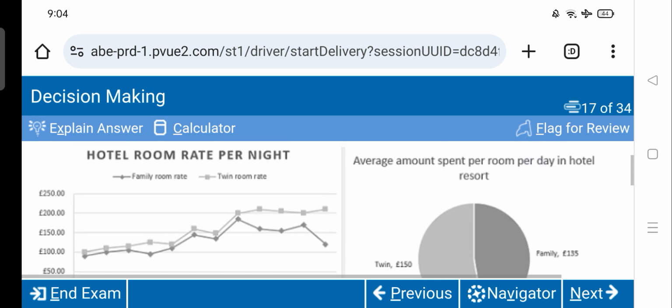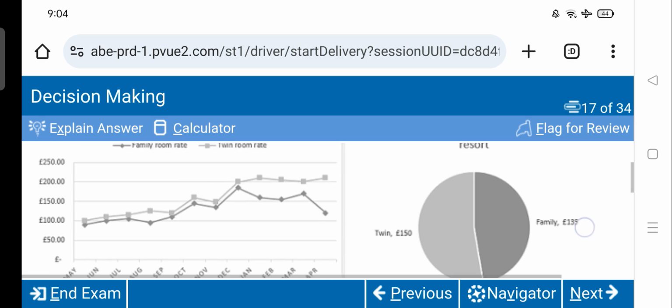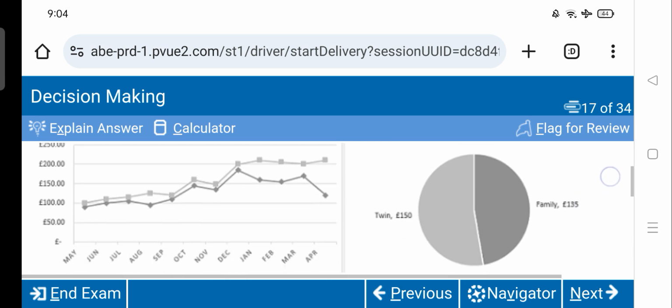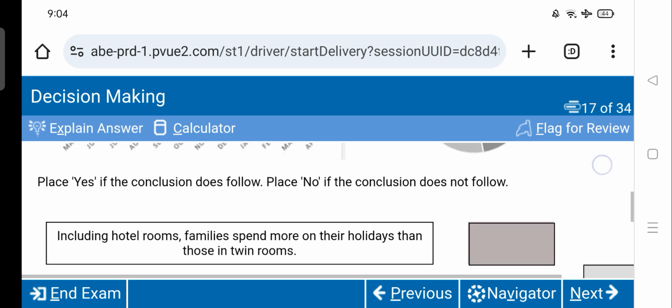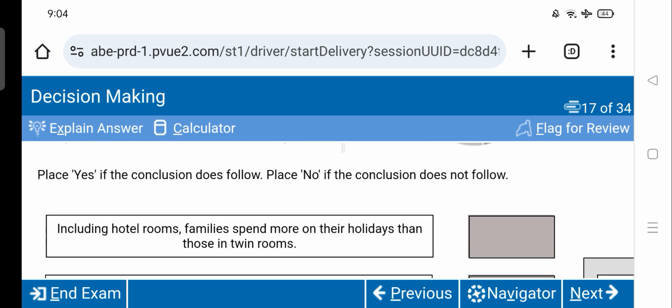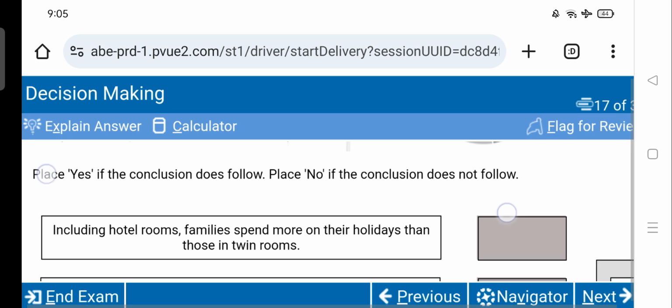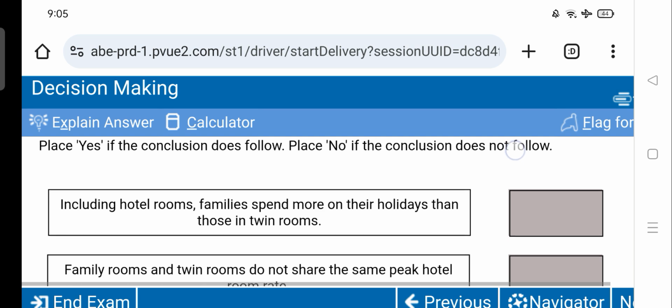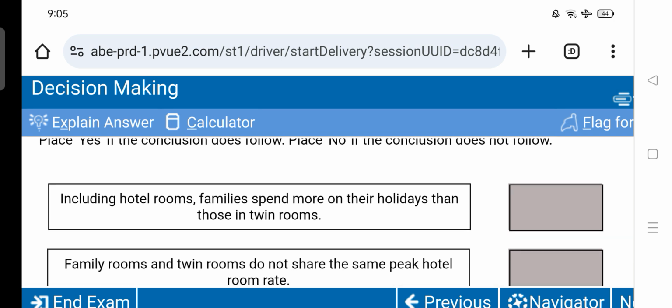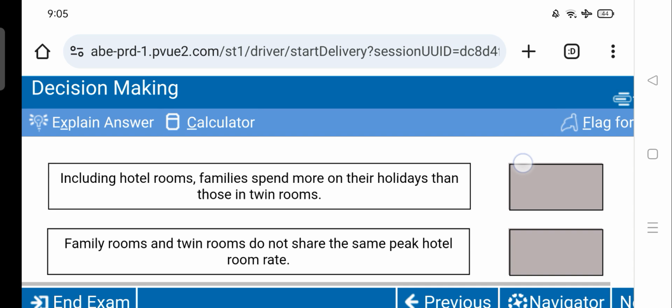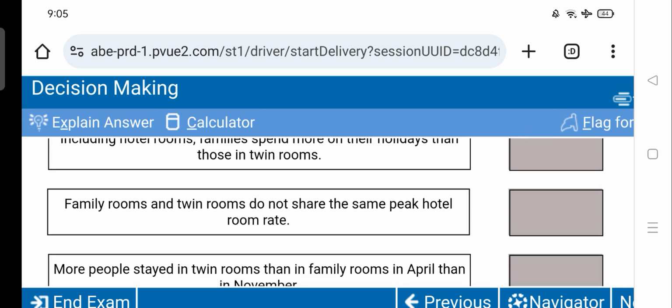Here we have a graph chart, with this information. Place yes if the conclusion does follow, and place no if the conclusion does not follow. First, including hotel rooms, families spend more on their holidays than those in twin rooms. Second, family rooms and twin rooms do not share the same peak hotel room rate.